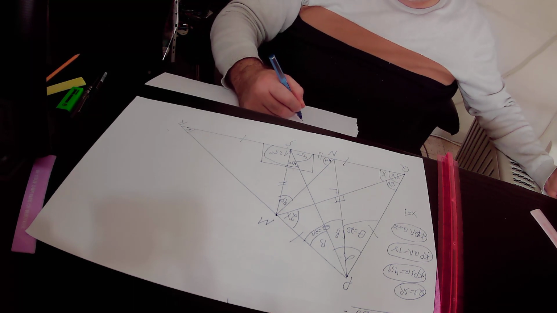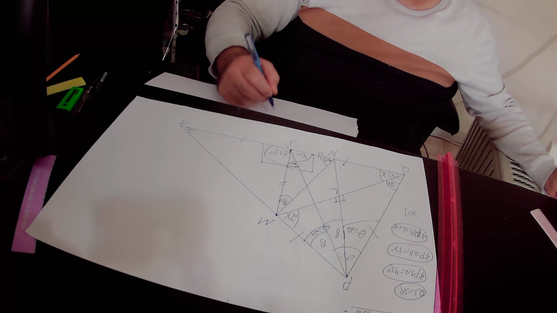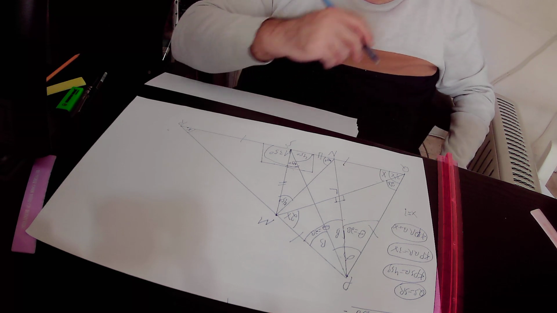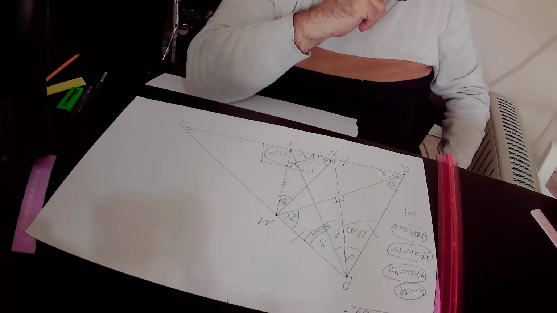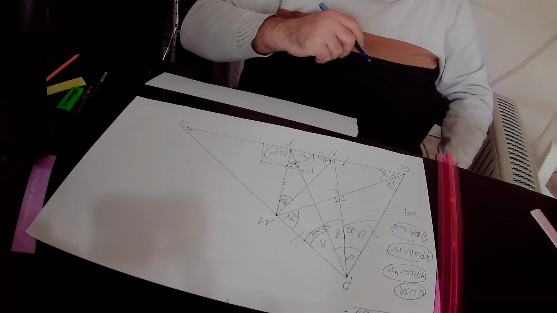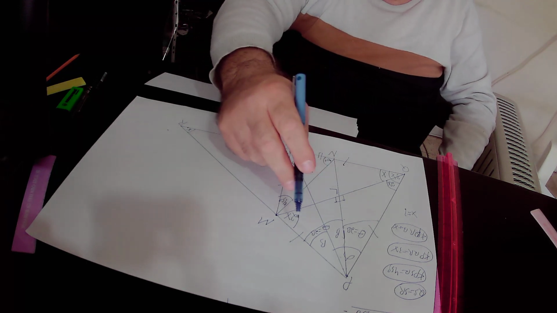Triangle PQN. Actually, it is triangle PQN congruent to triangle PMN.